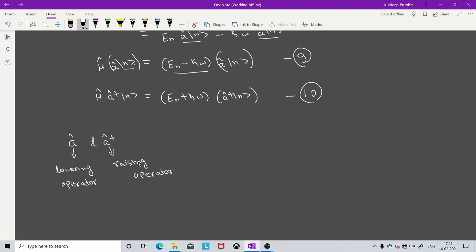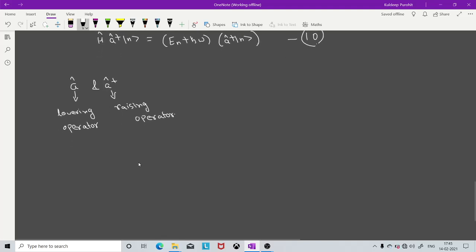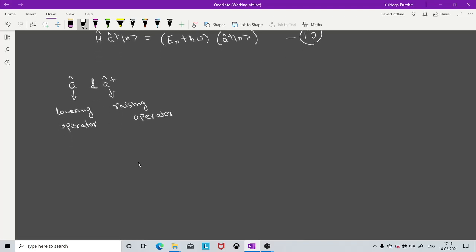The reason is that we design these operators in such a way that when we do the measurement and want to go to the next higher state, we operate that state with a dagger, so it will automatically take you to the next energy level. And if you want to come one level lower, you operate that state with a, and it will bring you to a lower state.